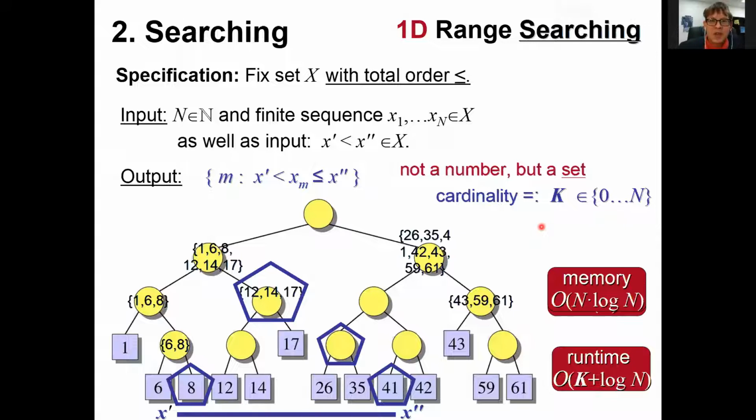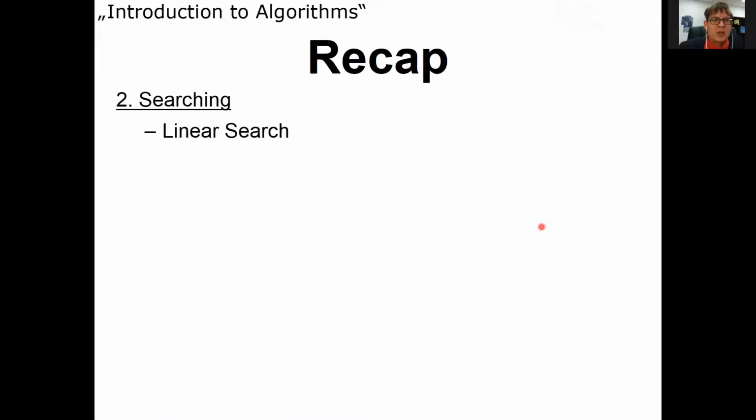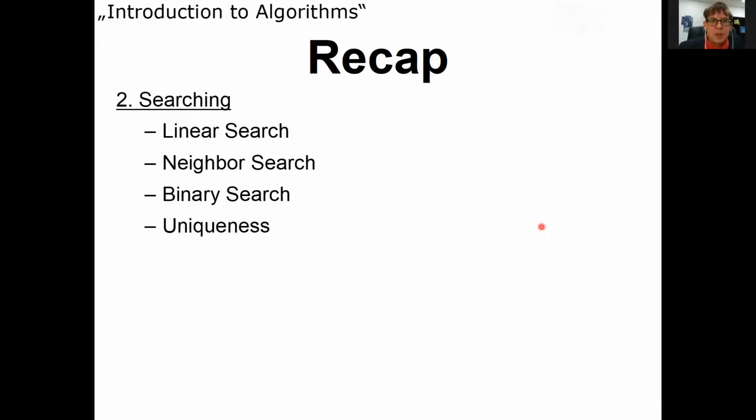But for now, in this introductory course, let's wrap up chapter 2 about searching, and recall that we talked about linear search, we talked about neighbor search, we talked about binary search, we talked about the uniqueness problem, we talked about hashing as a means to solve the uniqueness problem, both in linear time and with linear memory, reducing the memory overhead of our previous algorithm, provided that the data we're processing consists of integers.